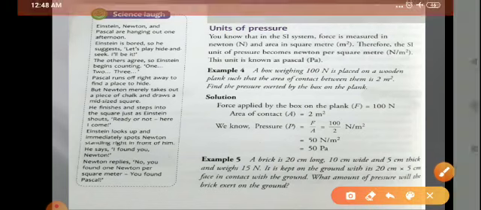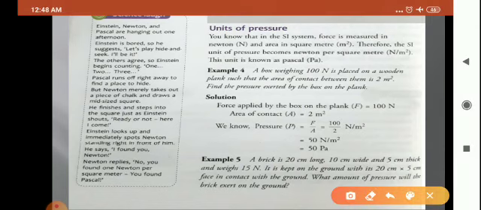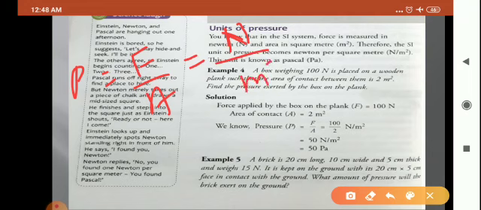Now unit of pressure में, since you know the formula, pressure is equals to force upon area. What is the SI unit of force? SI unit of force is Newton. Okay, and what is the SI unit of area? Square meter.